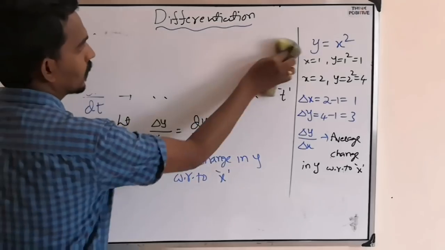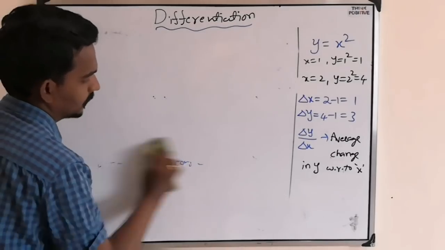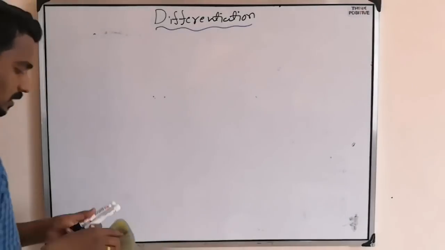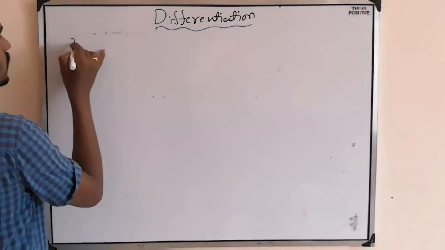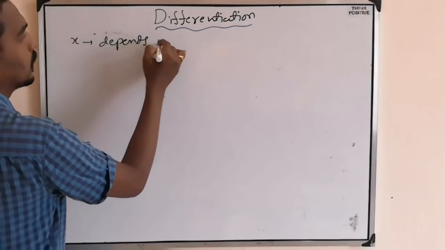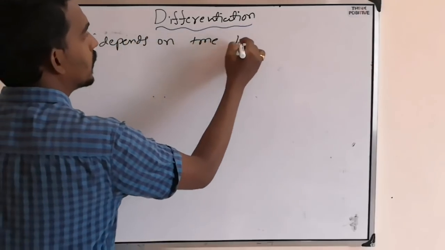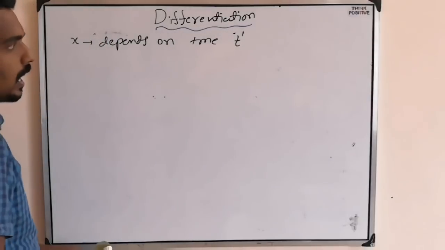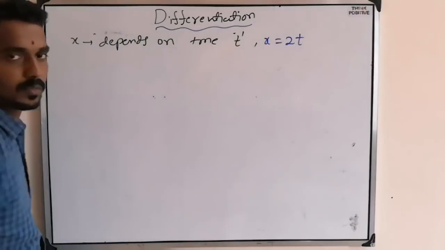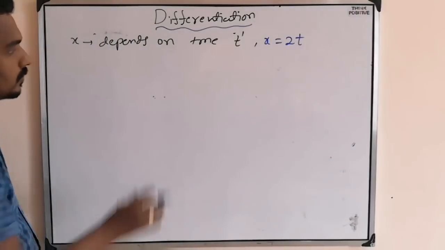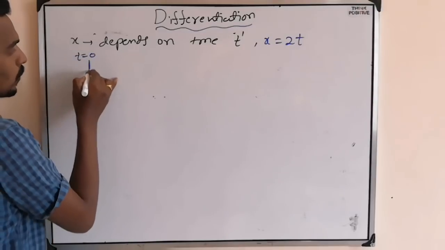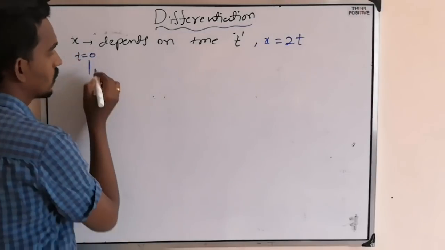See, now x is a quantity that depends on time t according to the relation x equal to 2t, suppose. Now at t equal to 0, x is 0.